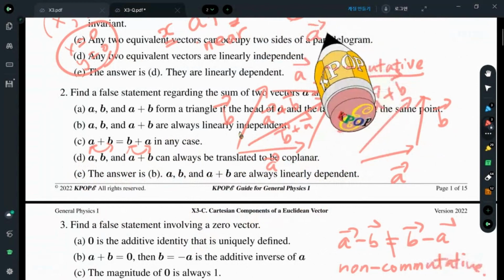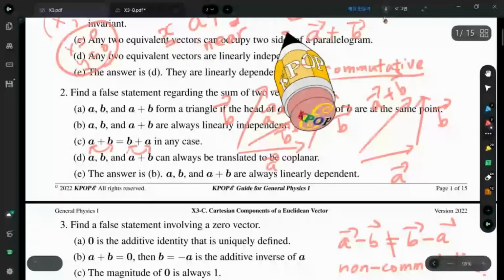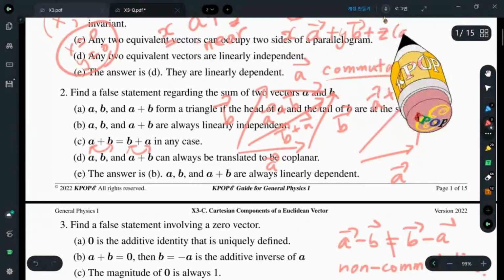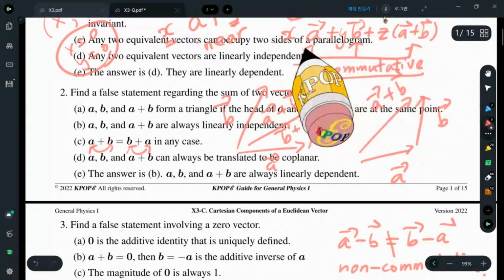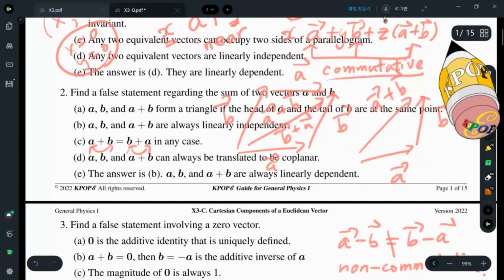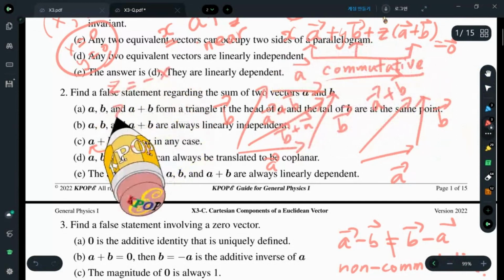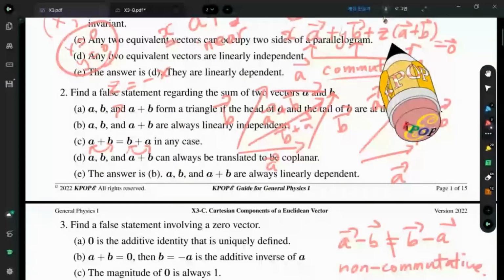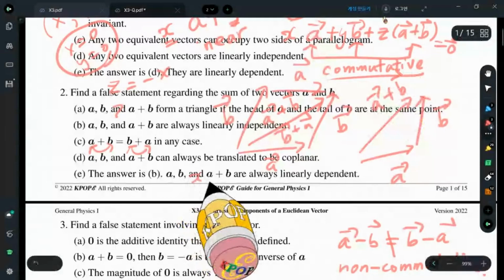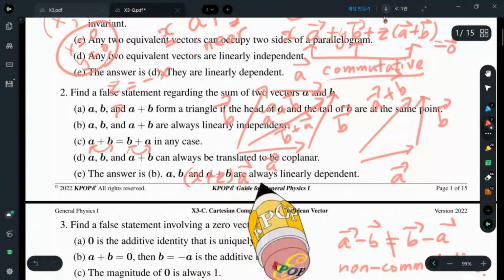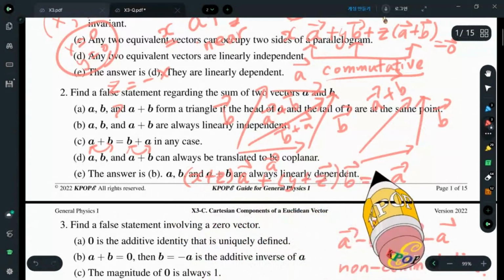For example, B. Linear combination. Let's make a linear combination: X, Y, and Z times A, B, and A plus B. This is a linear combination of A, B, and A plus B, right? This is 0. I can always choose Z equals minus X, for example. We can always find X plus Z times A plus Y plus Z times B equals 0.